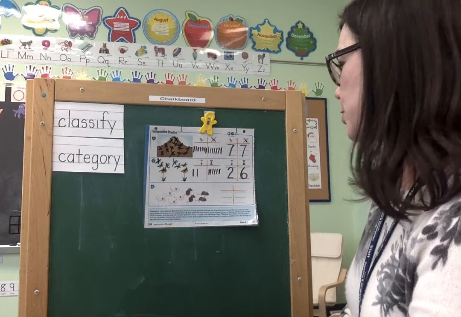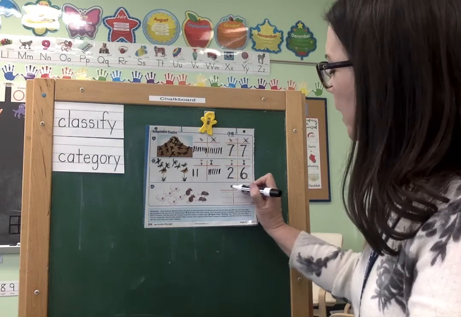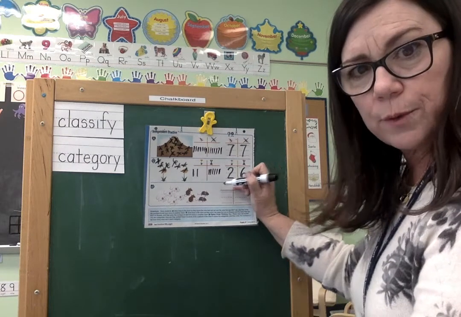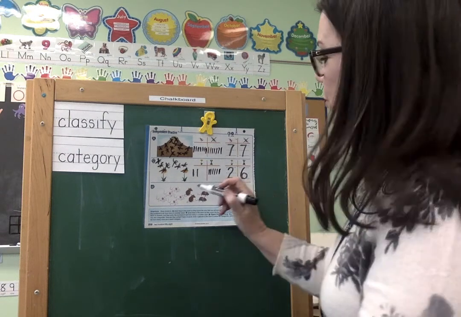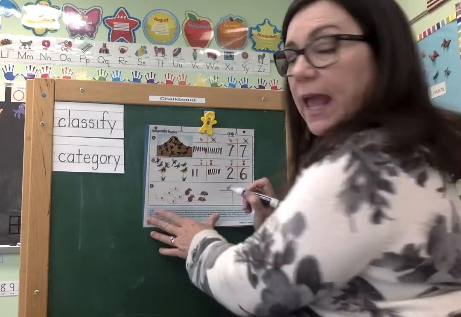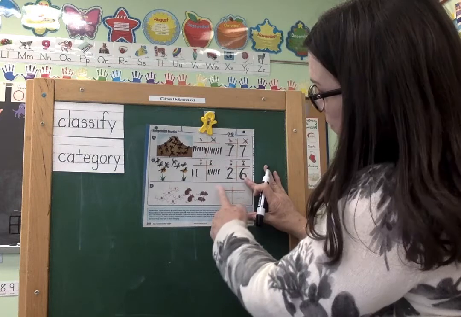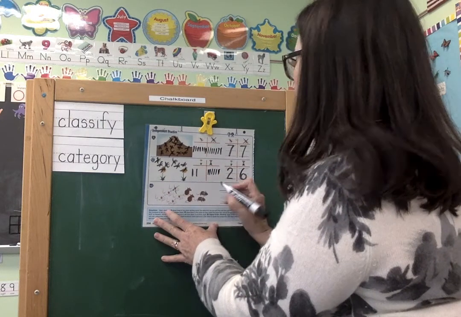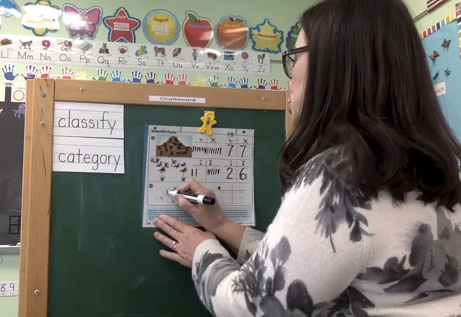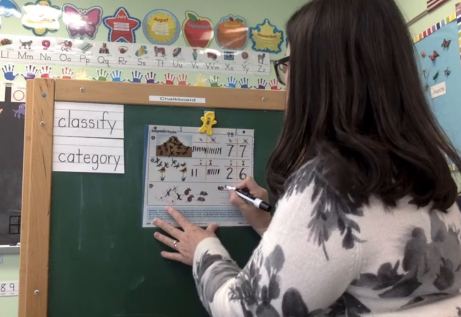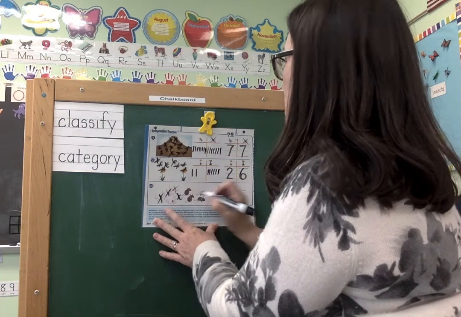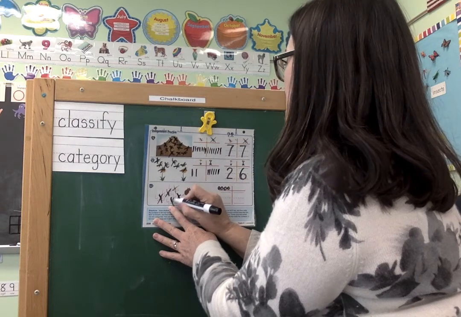So this is what I'm going to have you do this time. I'm going to have you write counters right above where you're going to be writing the numbers to represent the mice. So we're going to start with the white mice. So we're going to count and put 1 counter right on this line right here. 1, I put a little counter right there. 2, another counter. 3, 4, 5.